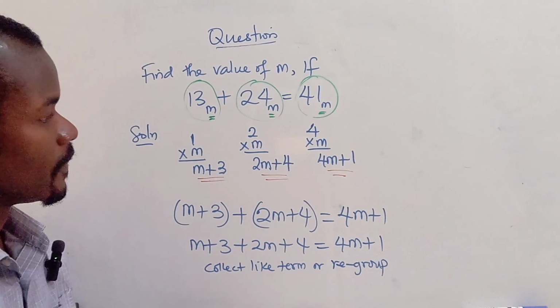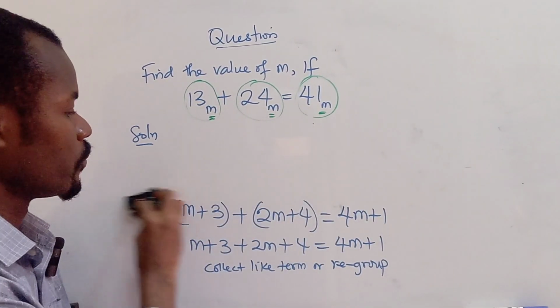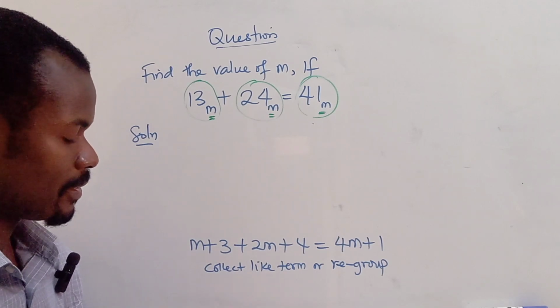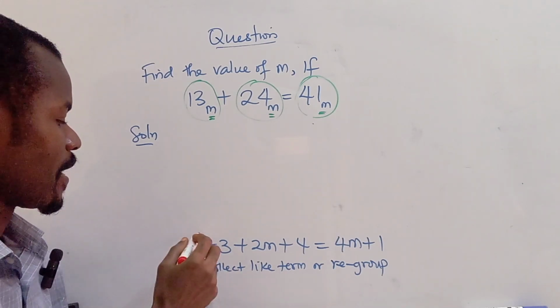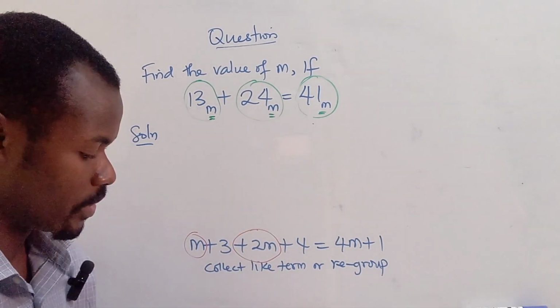Collecting like terms or regrouping. I can see that we have n here and we have plus 2n, so we are going to keep those together.